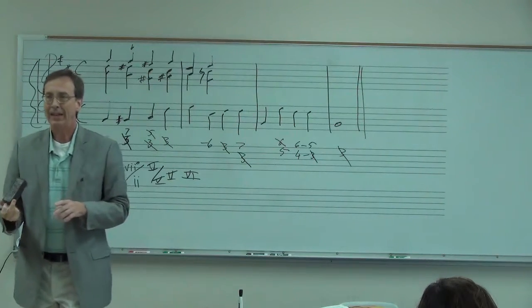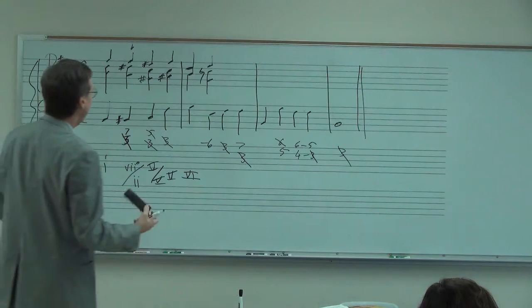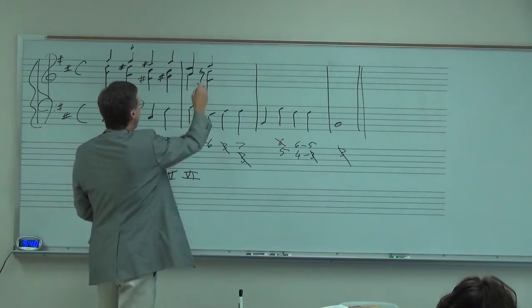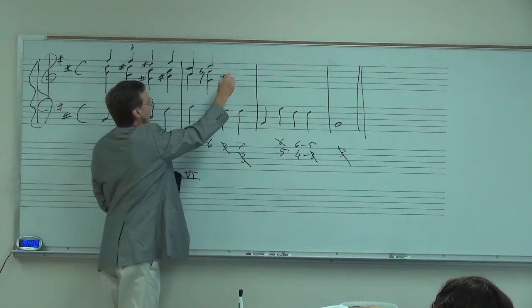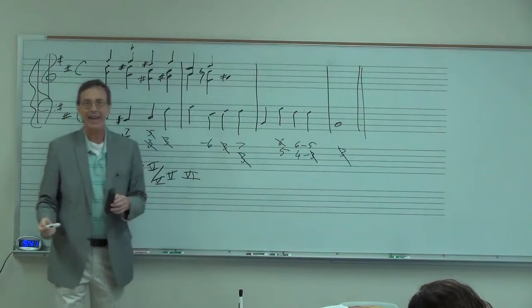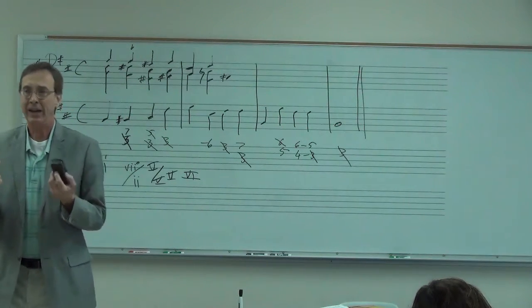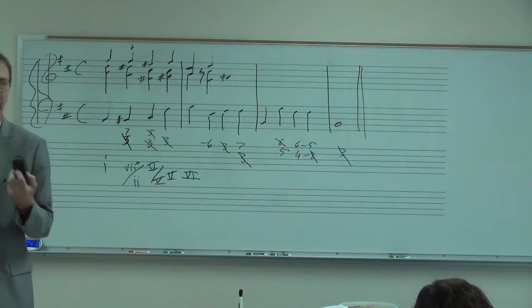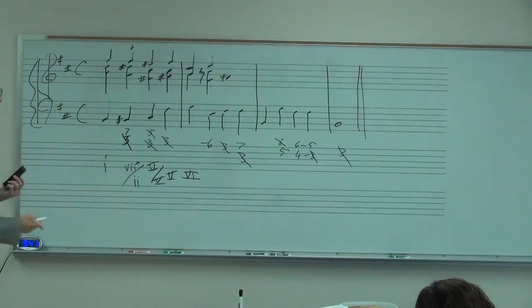Now, that C natural is going to go to the leading tone. And what I use as a little remembering thing is the altered note goes to the altered note. So that C natural is going to that A sharp, and the C natural and the A sharp provide a double half-step relationship to the tonic.